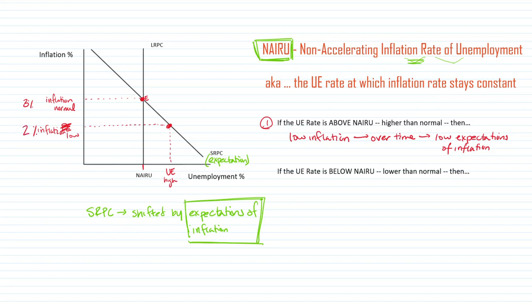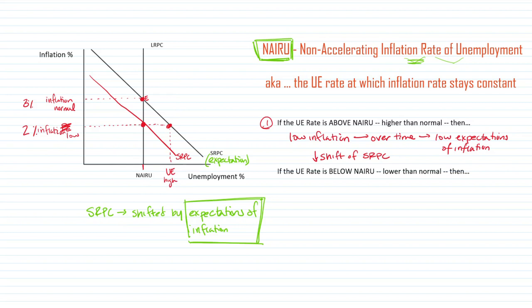Inflation is probably going to be 2%. And we know that inflation expectations can shift this SRPC, so low expectations of inflation will lead to a downward shift of the SRPC over time. And that downward shift will bring this economy back to NAIRU. In other words, any persistently high unemployment rate will always return us to NAIRU at a lower inflation rate.